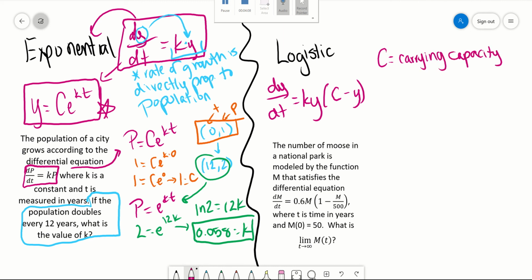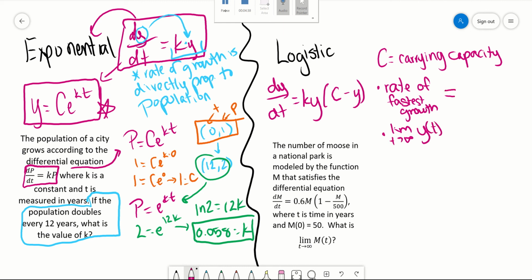So that may be like the maximum population that your land can support, or it could say like the population of a school is 1,200 people, so 1,200 would be your carrying capacity. So there were 2 things that it typically asks you. The first thing is the rate of fastest growth. And then the second was what is the limit as t approaches infinity for your population.